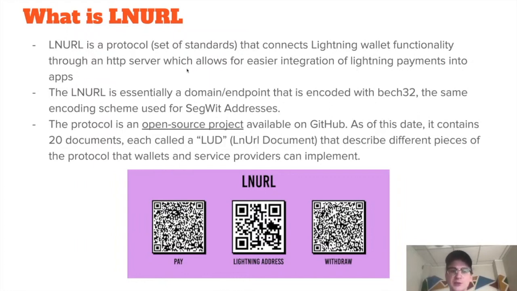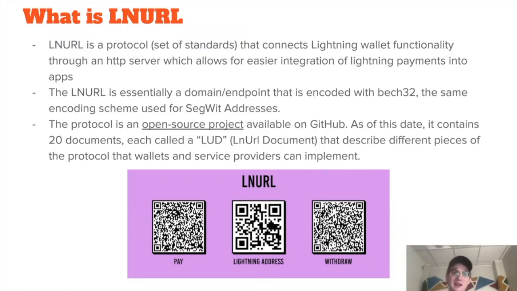So the LNURL is essentially a domain/endpoint that is encoded with Bech32, the same encoding scheme used for SegWit addresses. So we're gonna make this server. This server is gonna have a domain, and then we're gonna encode that with Bech32, and that's basically what the LNURL is. And that Bech32 encoding, that's what you actually scan on a QR code.